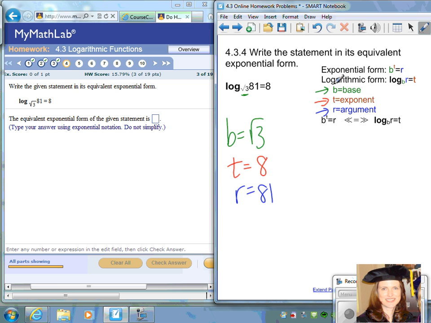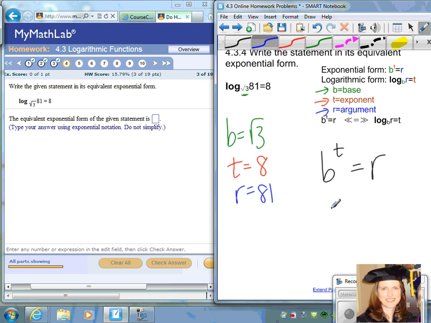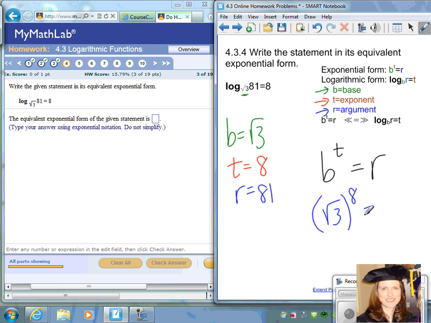This is in the form of log base b of r equals t, and we want to write it in exponential form, taking the base b to the exponent t has to equal r. So the base square root of 3 raised to the exponent 8, that is going to equal 81.